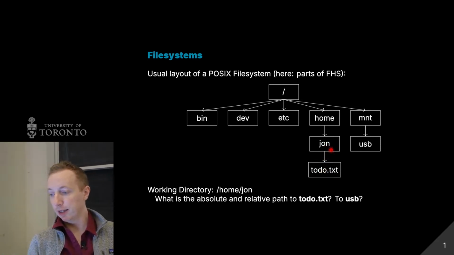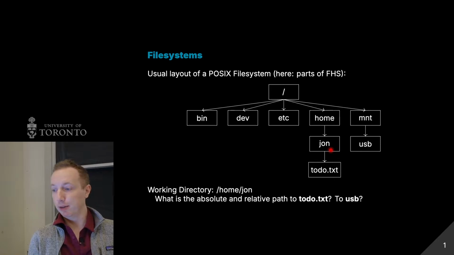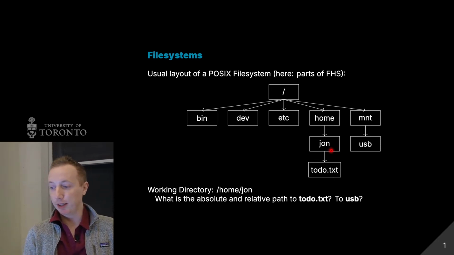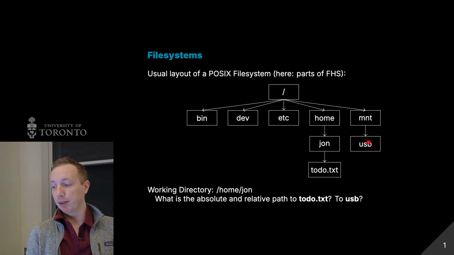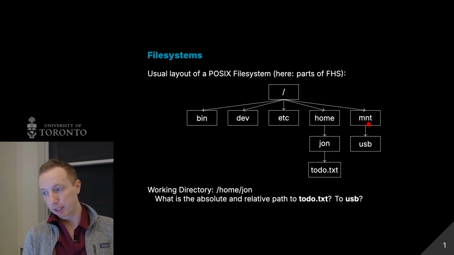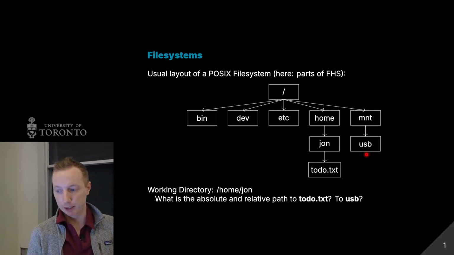So todo.txt is in the current directory I'm in, so the relative path would just be ./todo.txt or just todo.txt. But my relative path to this USB directory would be dot dot, that would bring me to home, then dot dot to bring me to root, then /mnt to bring me here, and then /USB to bring me here.